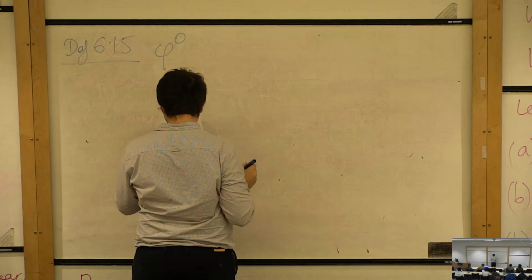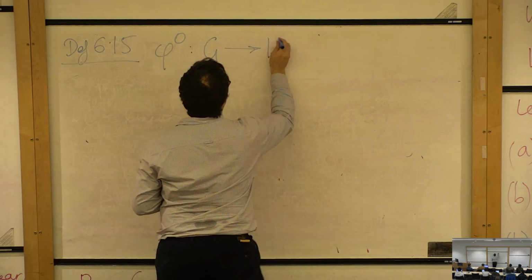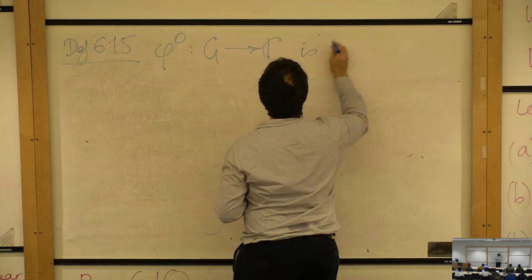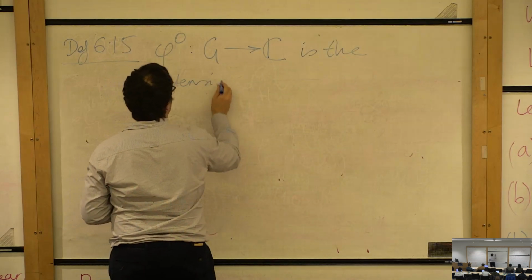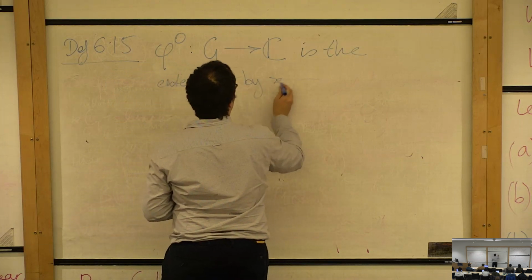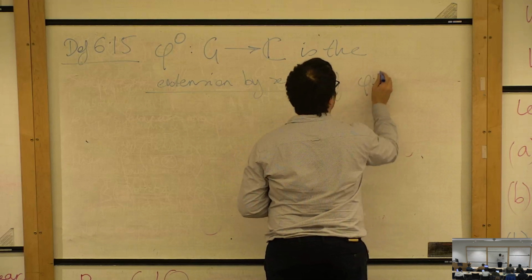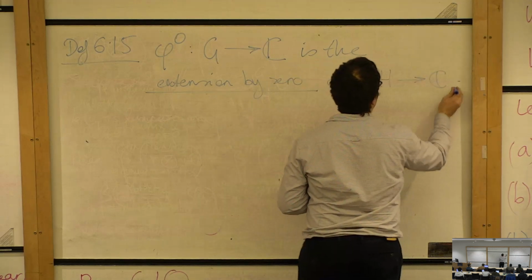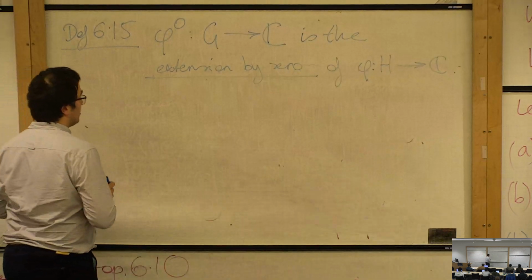There's this notation called extension by zero of some function defined on H. So it is what you think it is, right?